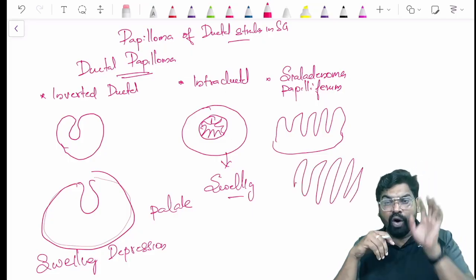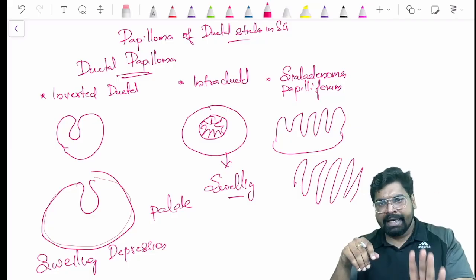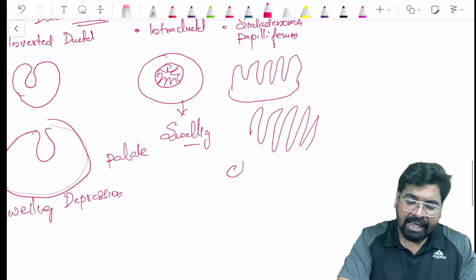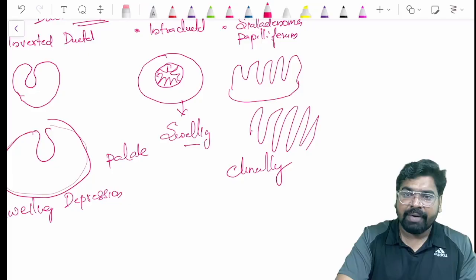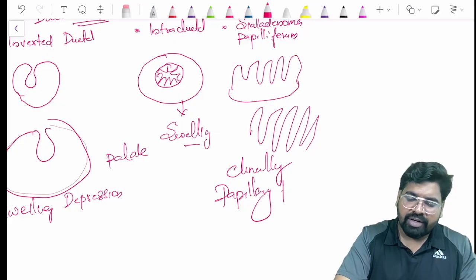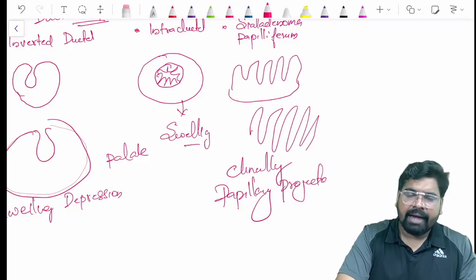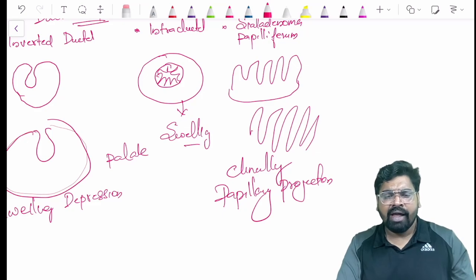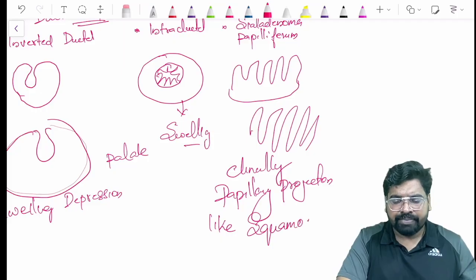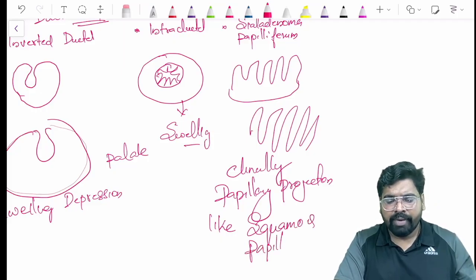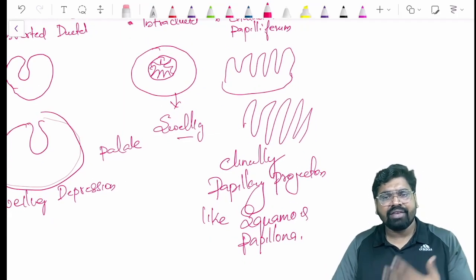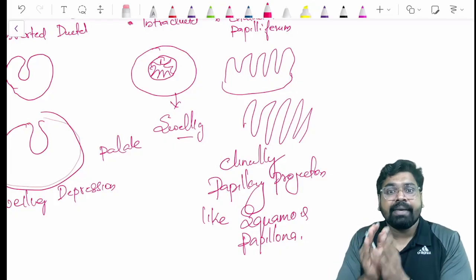Clinically, on examination itself, we can see papillary projections, just like a squamous papilloma. Squamous papillomas occur in the oral cavity with this papillary projection. So Sialadenoma papilliferum clinically appears as a squamous papilloma.